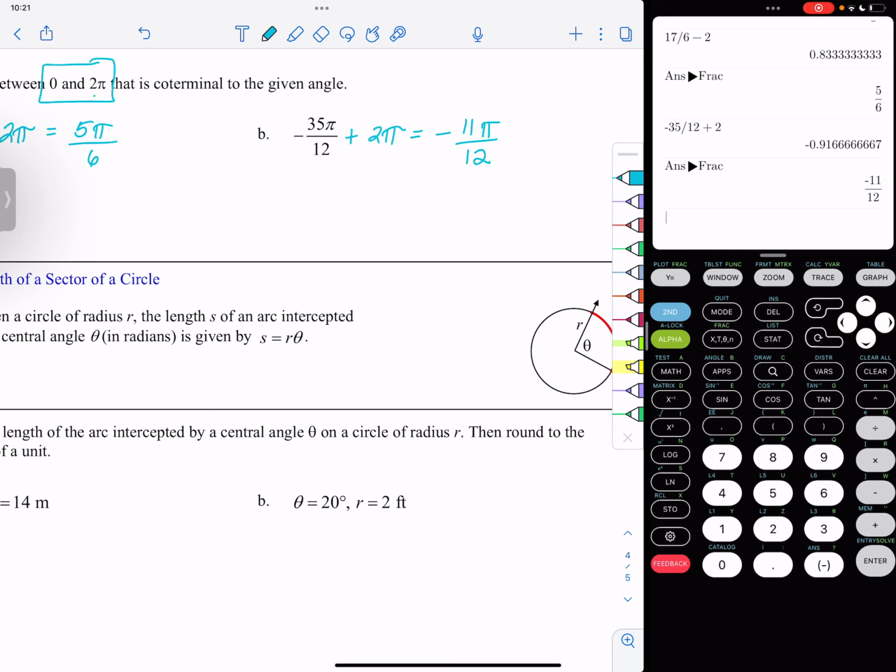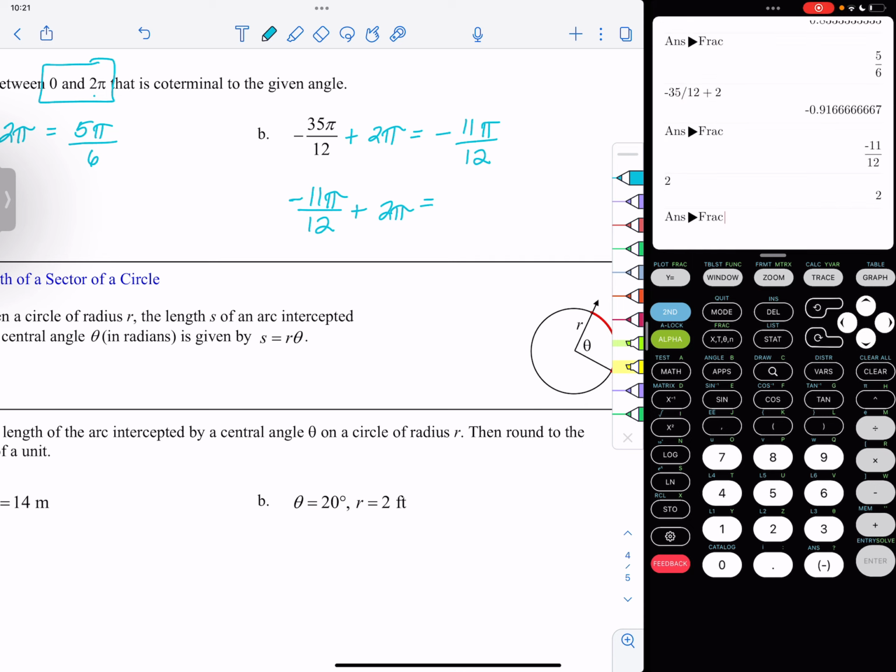So we are going to have to do that again, and add another 2 pi to negative 11 pi over 12 and see what we get. Let's add 2 to that, and now, oops, I might have done that incorrectly. Let me clear that. So negative 11 divided by 12 plus 2.